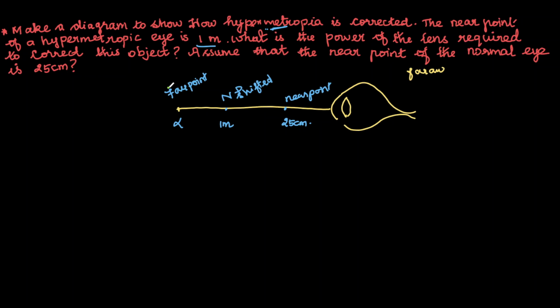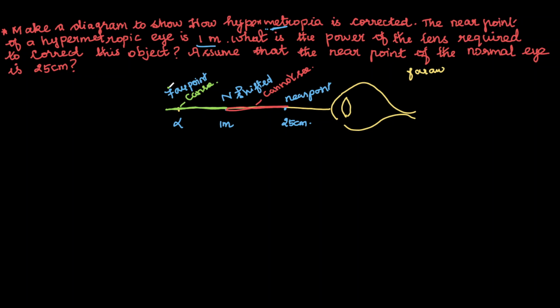In this place, they cannot see objects. Objects in this place, they cannot see. Beyond that, they can see.